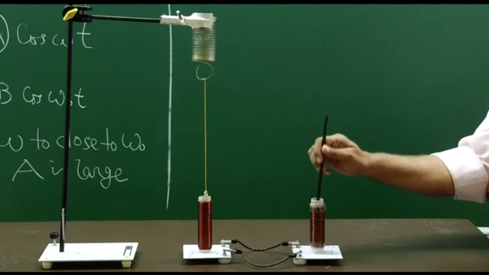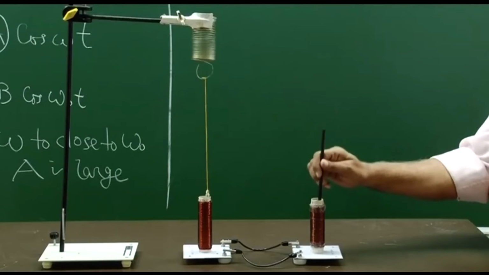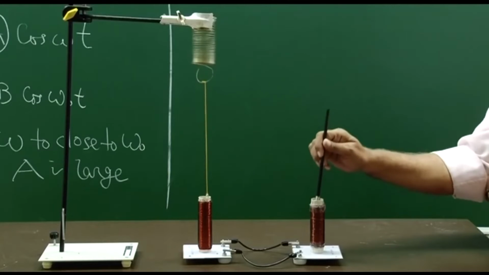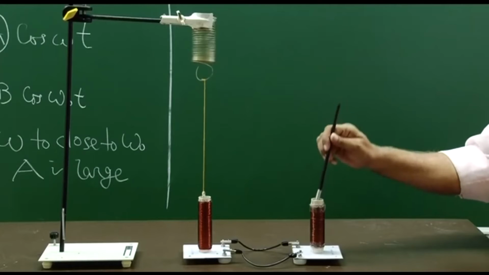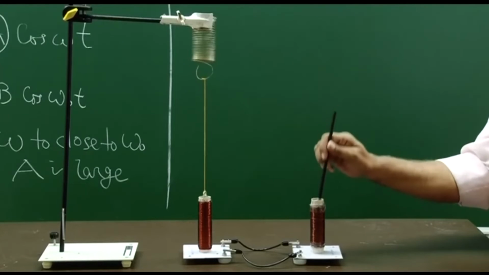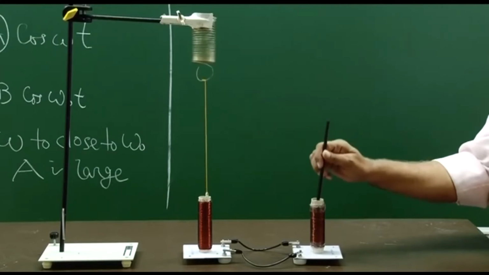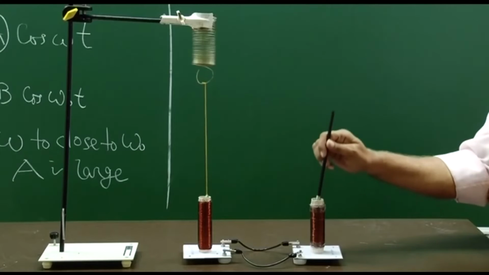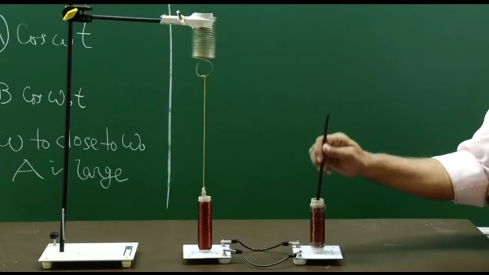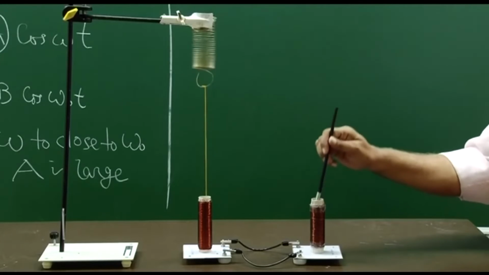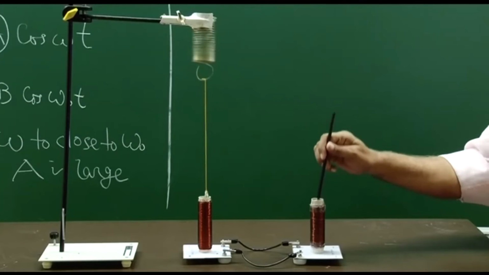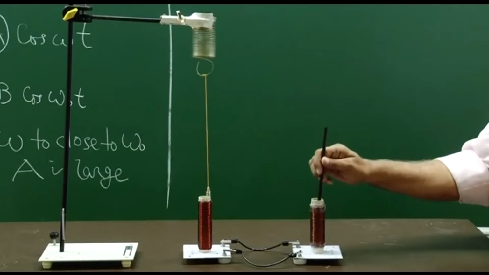The magnet is now oscillating with a much larger amplitude, whereas if I decrease the frequency, the amplitude goes down. If I increase the frequency too much, the amplitude goes down, but if I keep the frequency somewhere here, the oscillation amplitude is maximum. So, this is resonance.